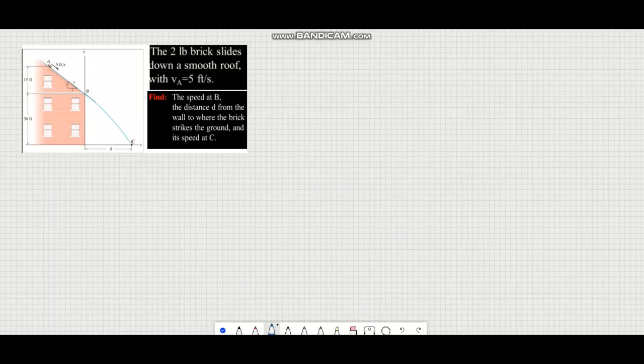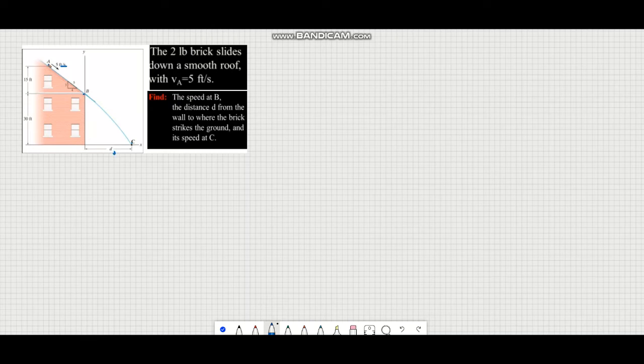In the second example, we have a 2 pound brick sliding down from the roof with a velocity of 5 feet per second at point A. It comes to B, and the angle of the roof is given by a 3-4-5 triangle. We are asked to find how it strikes at C, the speed, and the distance d.